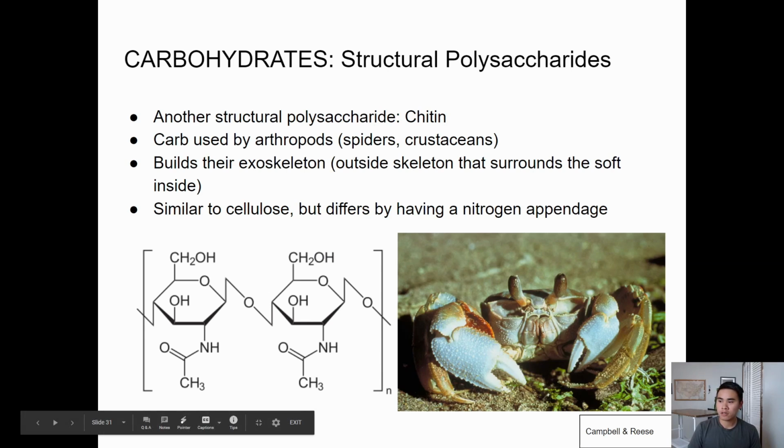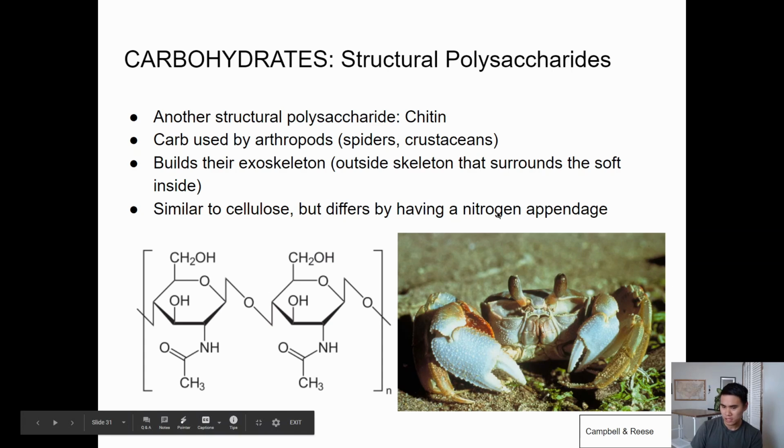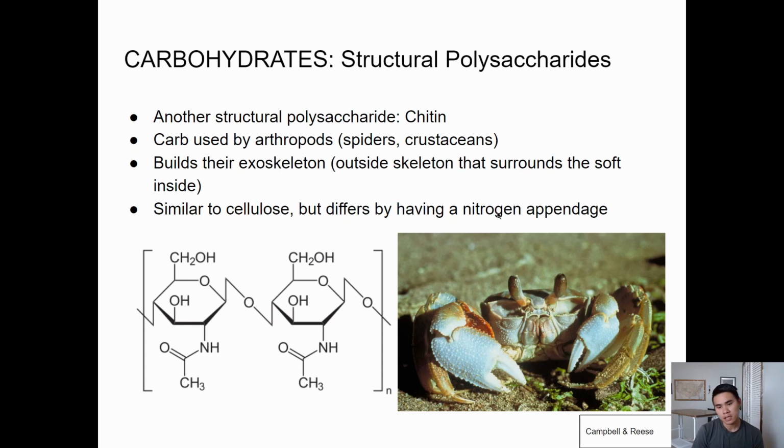Okay, so here's another carbohydrate, a structural polysaccharide called chitin. Chitin is used by arthropods, like spiders and crustaceans. If you see crustaceans with hard shells, or exoskeletons, an outside skeleton that surrounds a soft inside, that is carbohydrate. It is similar to cellulose, but it has a nitrogen appendage.